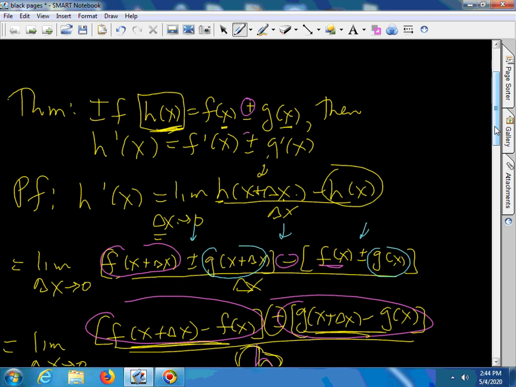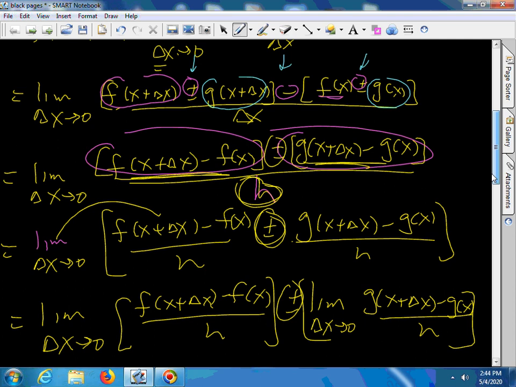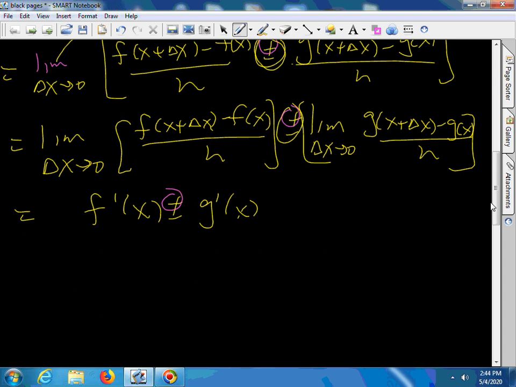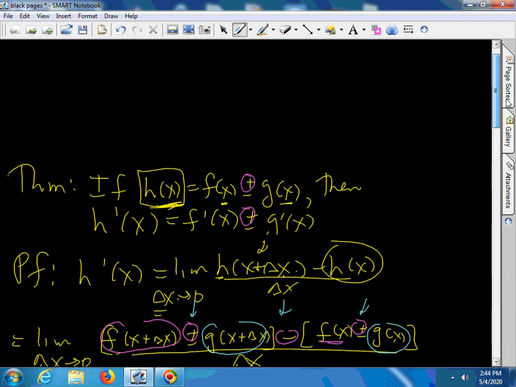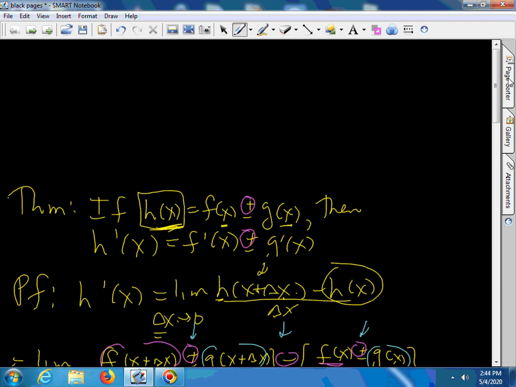Now, if the plus minus bothers you, I want you to go through this problem again, only reading the top sign. Just read the top, make sure you agree with it, and then go back and read the problem with just the bottom sign, f of x minus g of x.